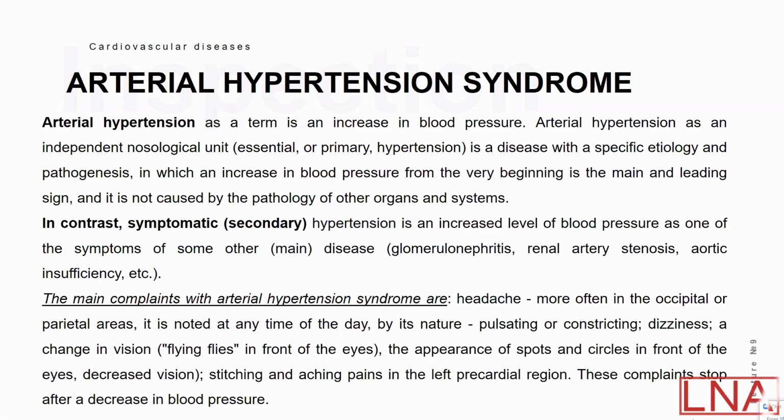Also dizziness, a change in vision, flying flies in front of the eyes, the appearance of spots and circles in front of the eyes, and a decrease in vision for a short time. Stitching and itching pains in the left precordial region are also connected with an increased level of blood pressure, which causes increased load for the heart, and these complaints stop after a decrease in the level of blood pressure.